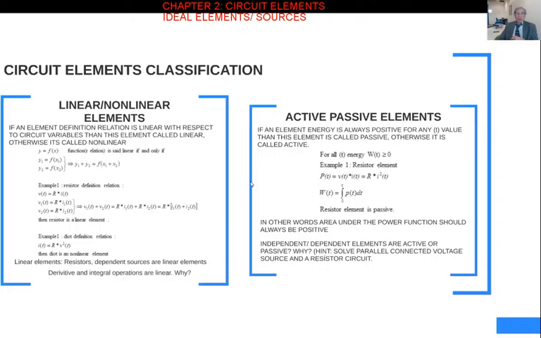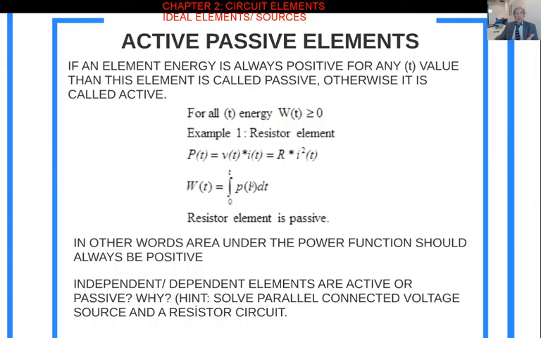So the other classification: how are we going to classify the elements as active and passive? If an element's energy is always positive, and that's a very critical word here, for any t, and this is another critical phrase, for any t, not for some t, then this element is called passive.